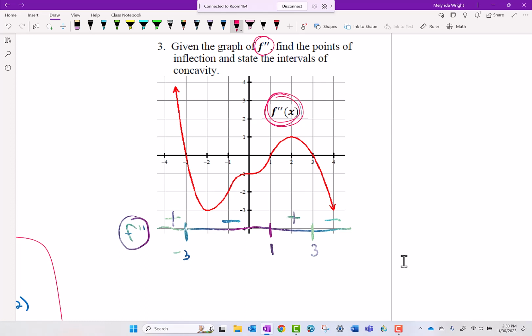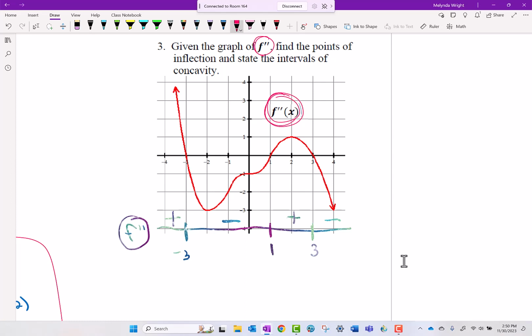Like, I gave them a first derivative graph and they thought it was a position graph, or I gave them a second derivative graph and they thought it was a position, or all kinds of scenarios. What do you think happened? Were they able to get anything right? No, not hardly anything. So please be aware. You have to know which graph you're looking at and how to interpret the different graphs, okay?